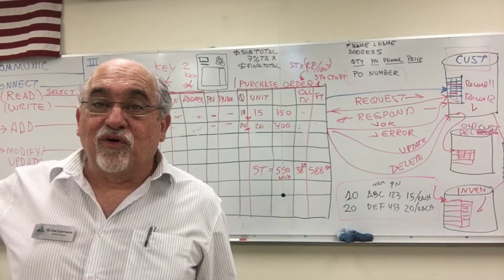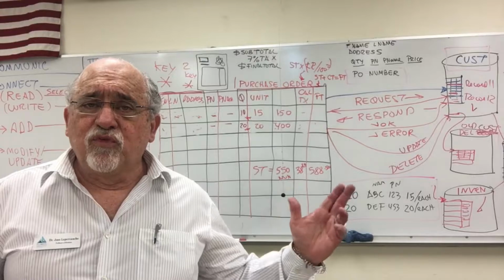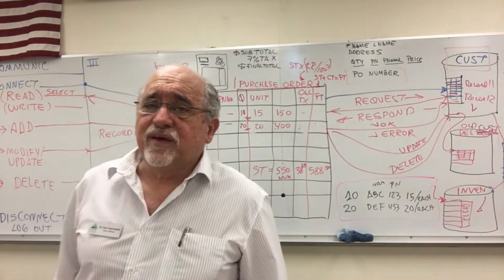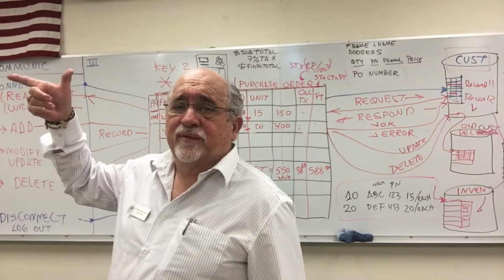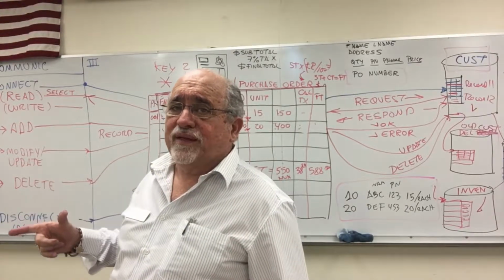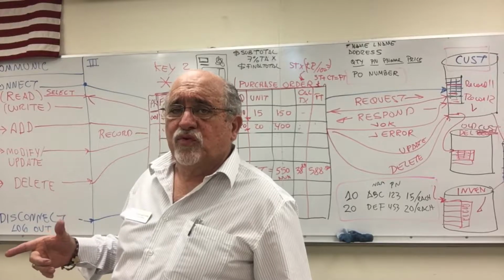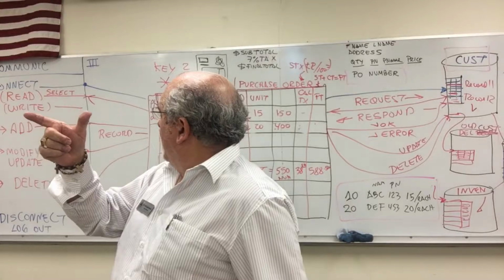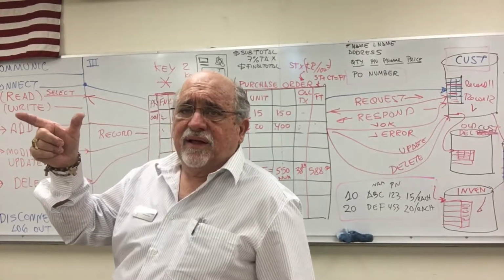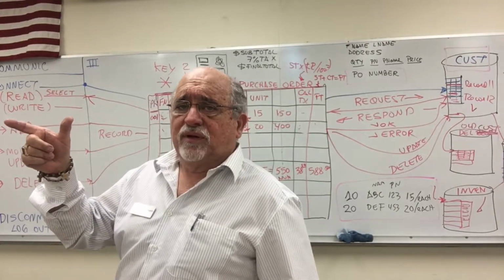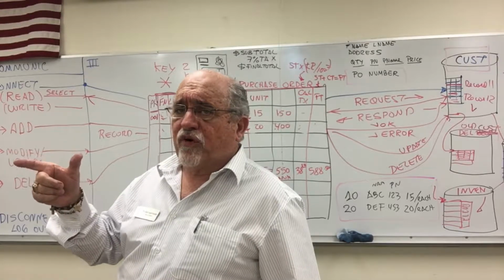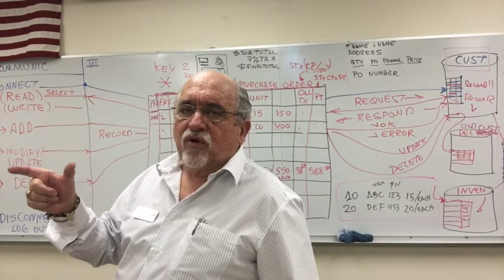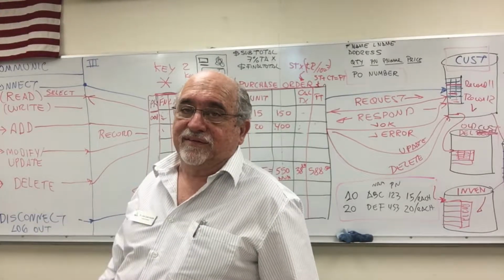From the other screen, we moved to this second whiteboard, where on this side you can see all the connectivity, all the pieces that we use to connect to the database, then to read, write, and select the records that are already in the table, and then do other functions like adding a new record, modifying a record, or deleting a record.